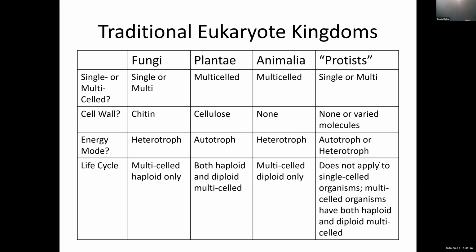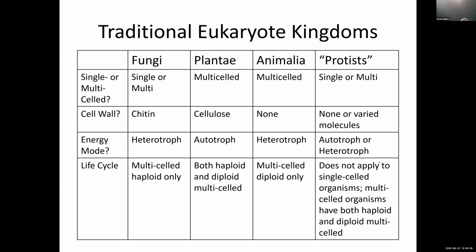We have things that we used to call protists that actually are more closely related to animals, and different ones are more closely related to plants, and different ones are more closely related to fungi. There's been a big reorganization of how we think about single-celled eukaryotes in the last 10 years or so. Our definitions of fungi, plants, and animals still apply.